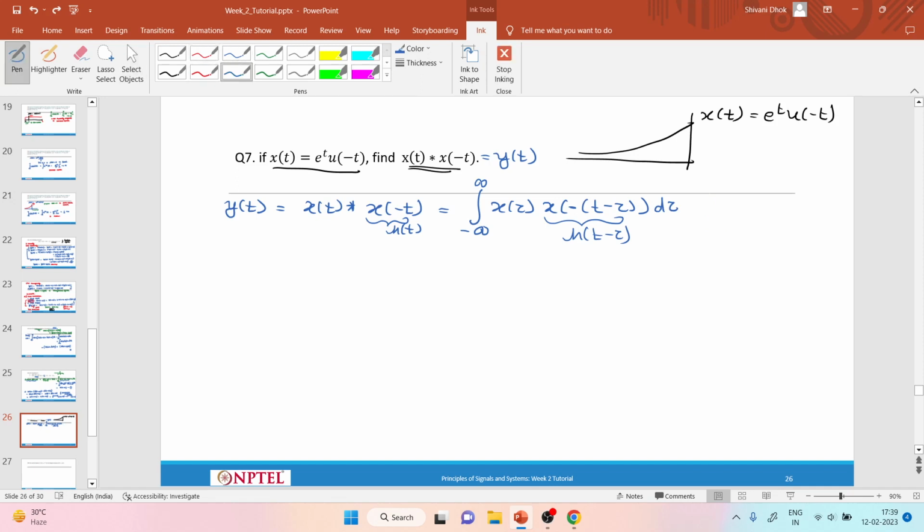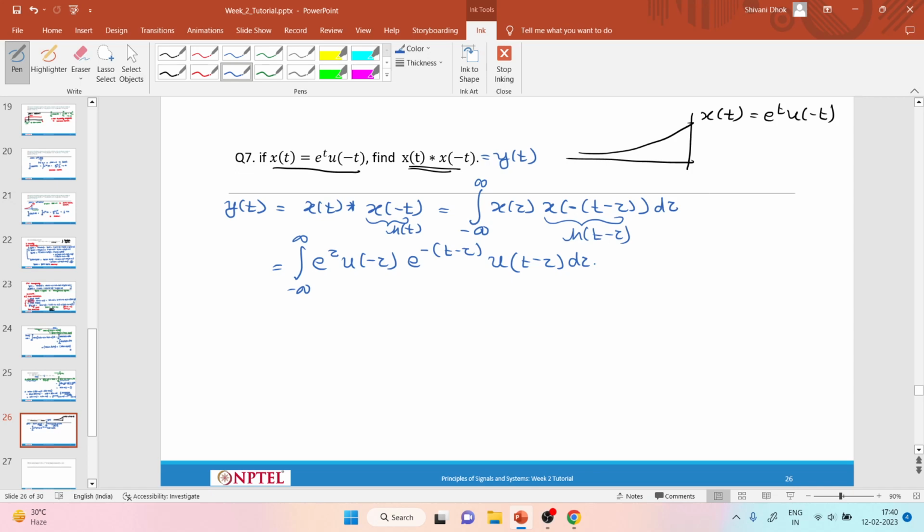So this is equal to integral from minus infinity to infinity, x of tau is e power tau u of minus tau, and x of minus (t minus tau) is equal to e power minus (t minus tau) into u of t minus tau d tau.